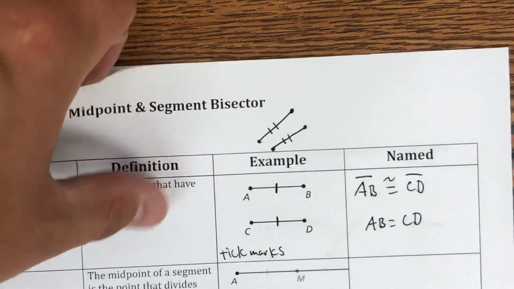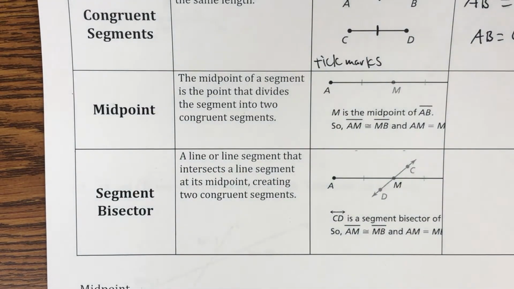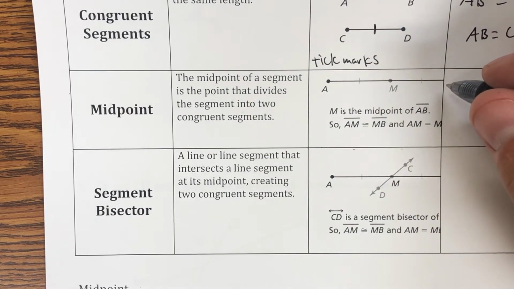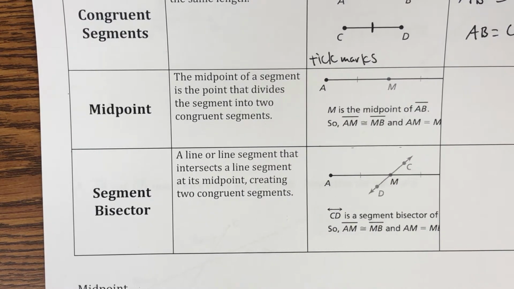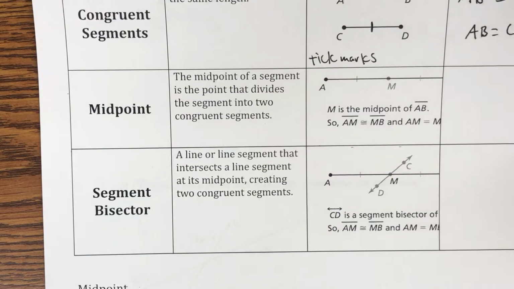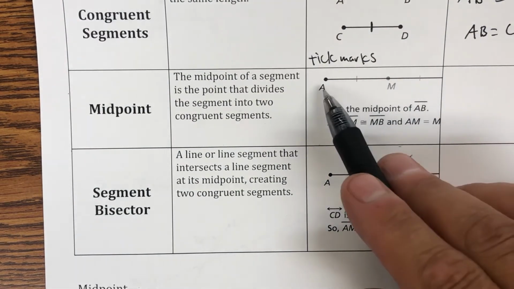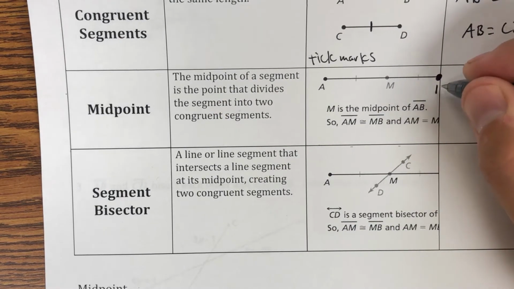Midpoint. A midpoint is the point that divides a segment into two congruent segments, so it's halfway. In this diagram, we're missing a little bit of the piece here. It appears as if it got chopped off a little bit in this photo, so unfortunately, we are going to have to add in another point and rewrite this equation, because it looks like this on all of your sheets, so I kept it that way. It says M is the midpoint of AB. We are missing point B, so add point B right here.